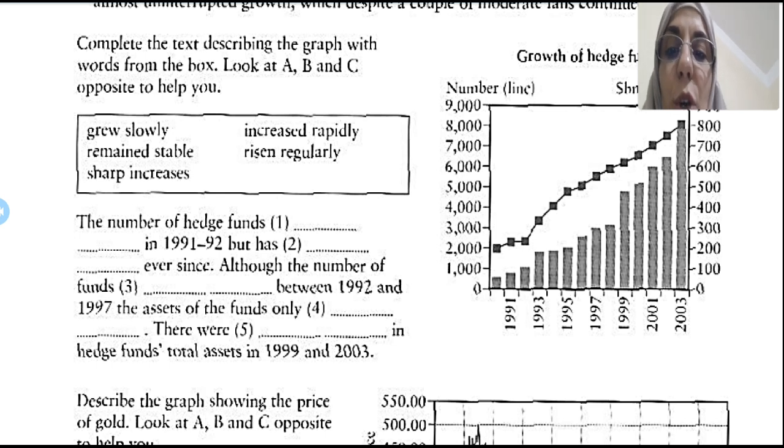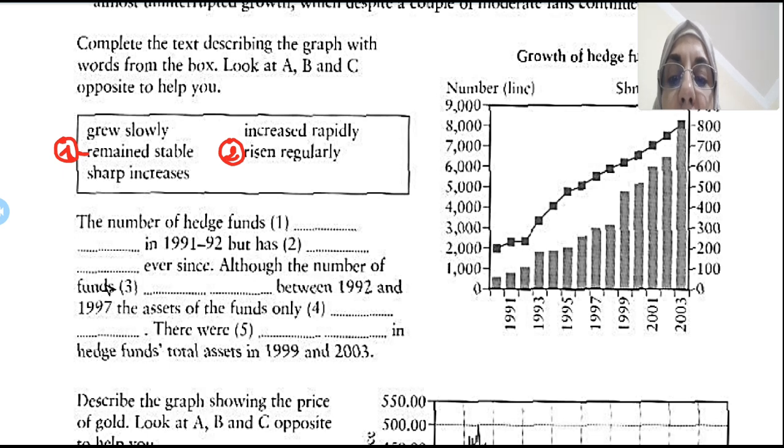Remained stable. So this is 1. Remained stable. Look at the graph. But has ever since. But has risen regularly ever since. Number 2.